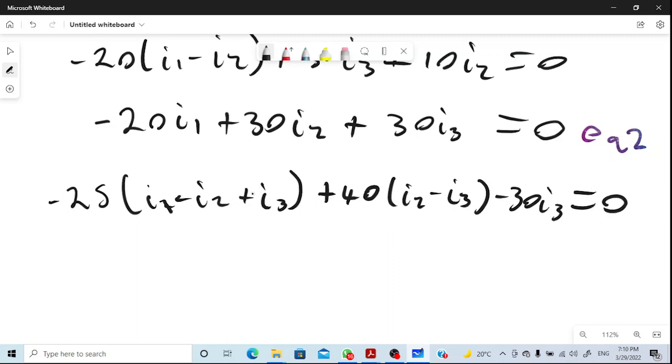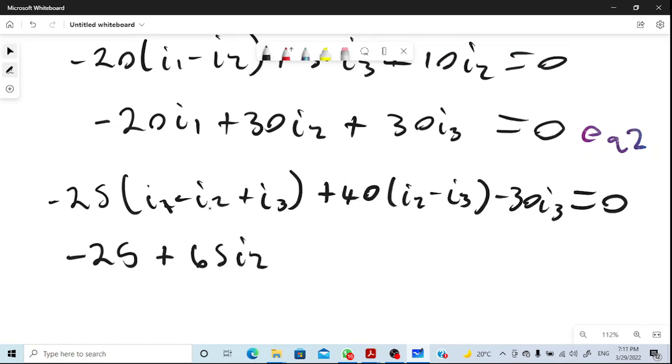Then right now I need to simplify my equation, so when I write it in the simplest form, I'm going to have minus 25, so positive 25 of I2 plus positive 40 of I2 is positive 65 of I2. Okay, so I'm going to have positive 65 I2.